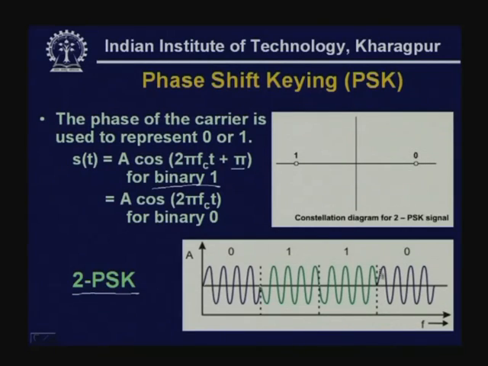So, you can see at the boundary, whenever it is changing from 0 to 1 or 1 to 0, there is an abrupt phase shift which can be detected at the receiving end, and to identify that this corresponds to data of 0 and this corresponds to data of 1. So, this is how phase shift keying is done, and this is how a 2 PSK signal is generated and can be sent, and this is the time domain representation.